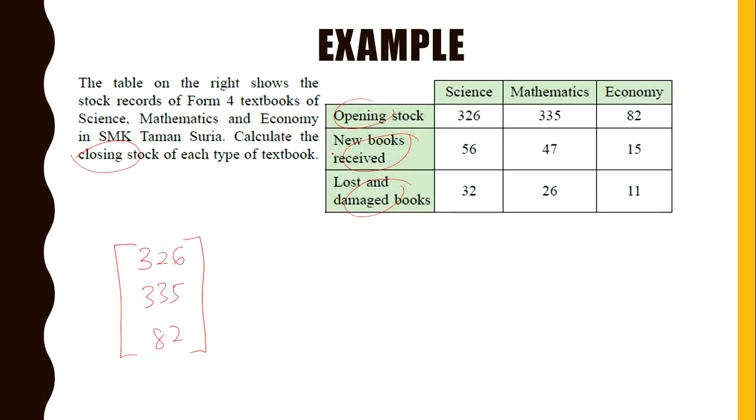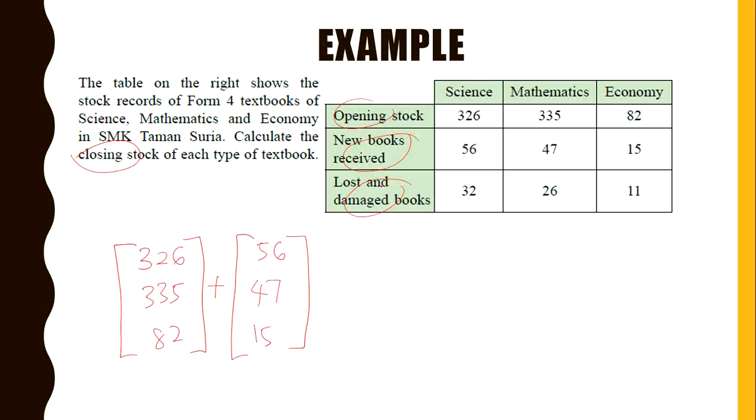Kalau datangnya buku baru, mestilah dia punya bilangan buku tu akan increase ataupun bertambah. So kalau bertambah, we have here is operation of addition. So kita tambahlah, ikut dia punya jenis subjek. Atas tadi kita tulis science dan sini science lah, sini maths and sini is economy.